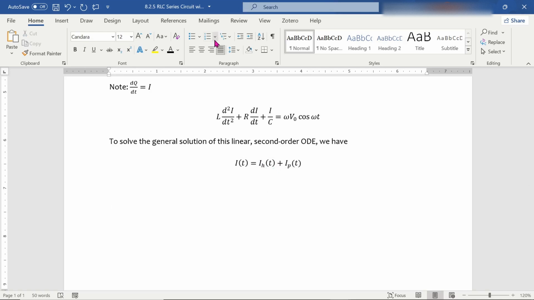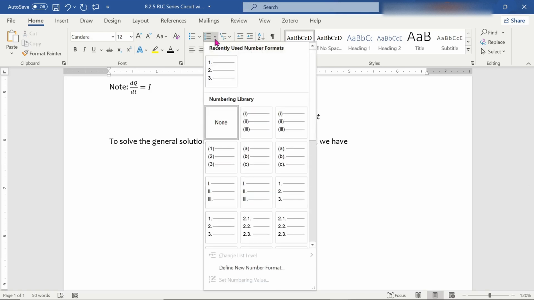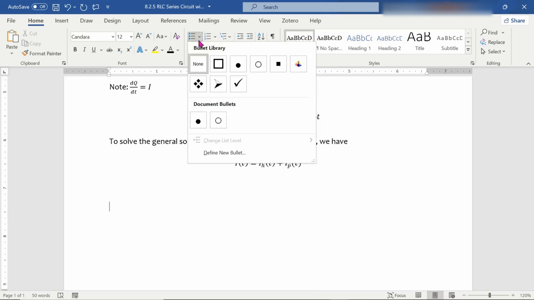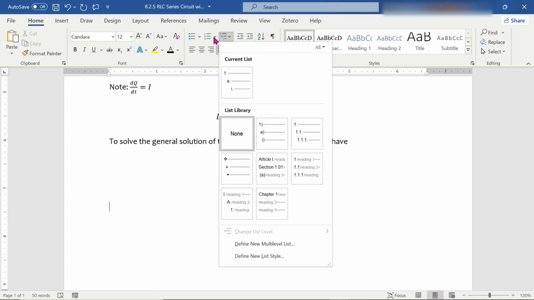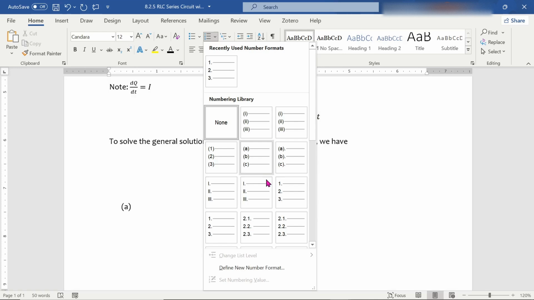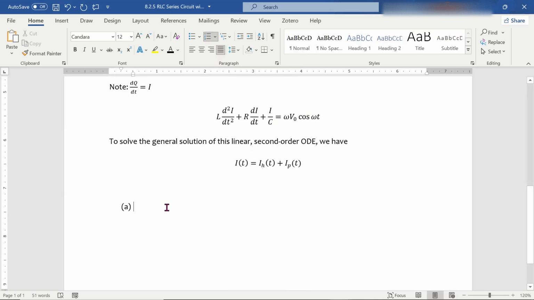So I think it's better if we structure our solution by dividing it into two. The first one is finding the homogeneous solution, and the second one is finding the particular solution.